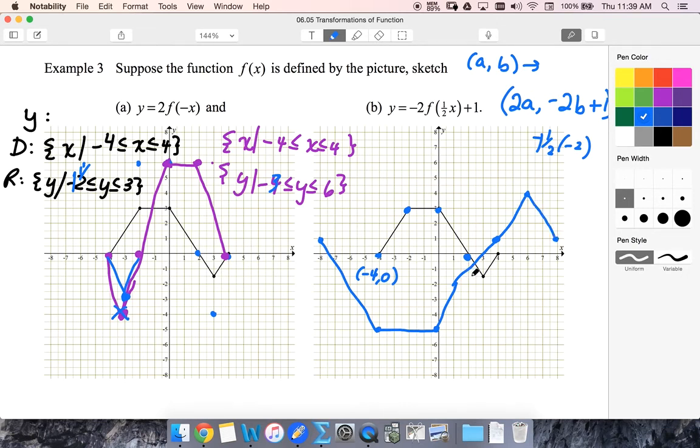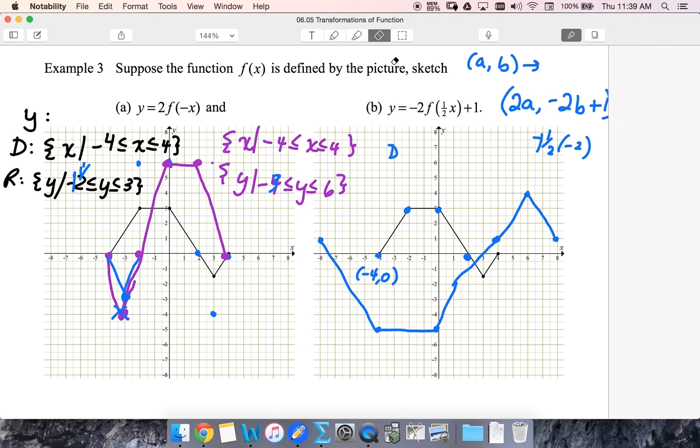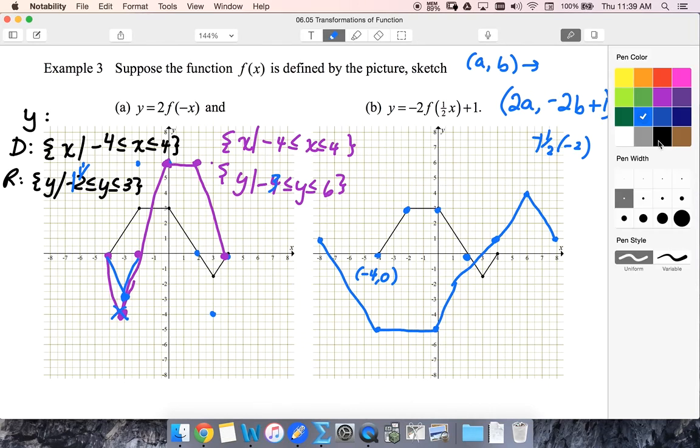So I've got all of my points, my original domain and range. Let's look at those. So original domain, we had -4 to 4, and our original range was -1.5 to 3. And now with our new one, our domain should have all the x values doubling.